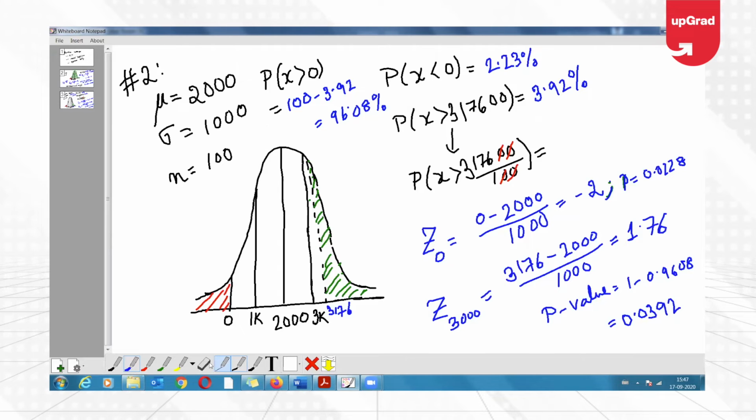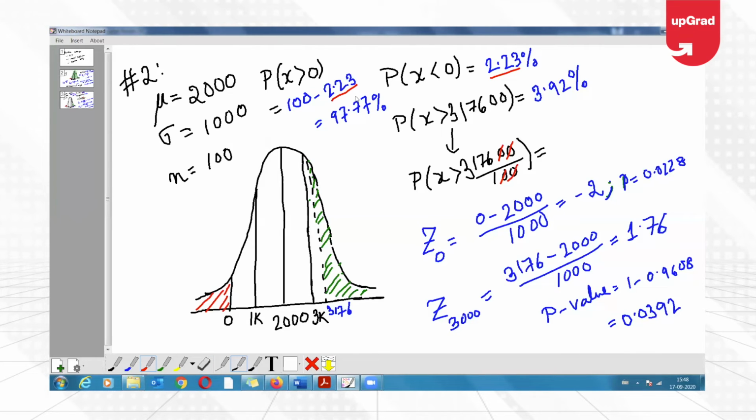No, my bad. You should take this one, not 3.92. 100 minus 2.23. My apologies. So it should be 97.77. We are looking at this number. I hope this is clear now.